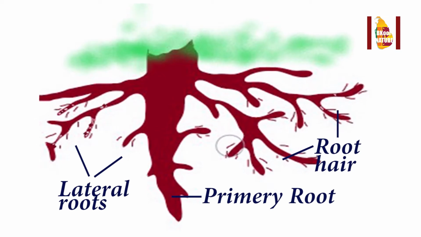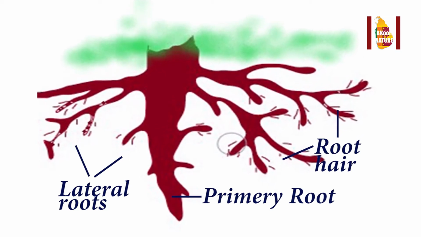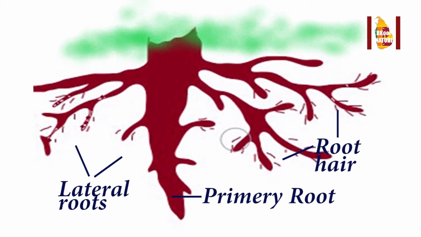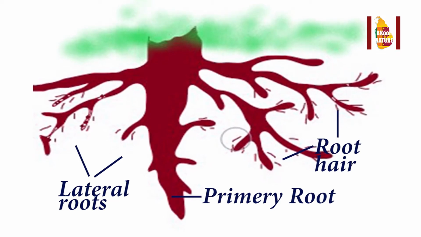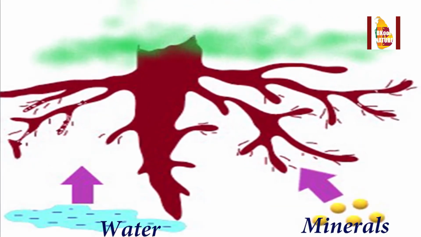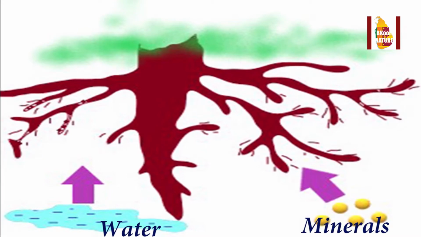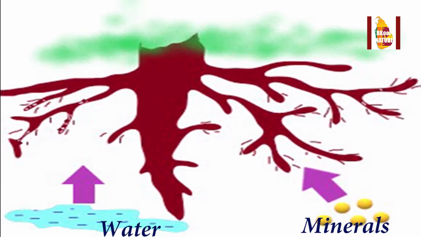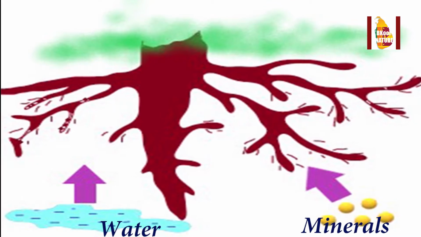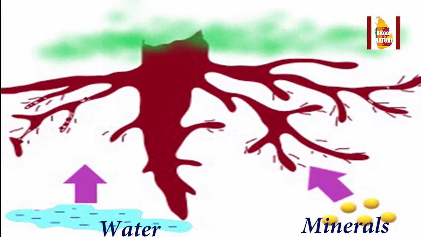Lateral roots arise from the taproot, and they are covered by tiny root hairs. The major function of roots is anchoring the tree to the ground and absorbing water and minerals from the soil. Some plants use their roots for storing reserved food.